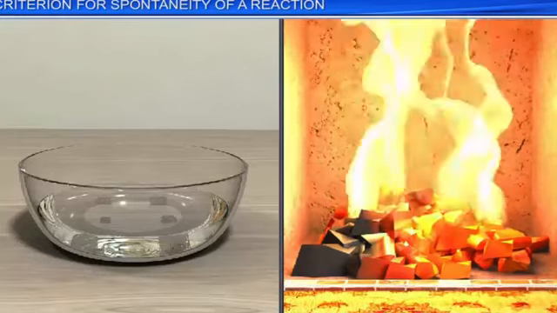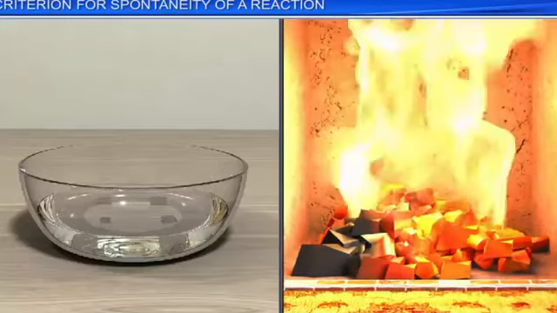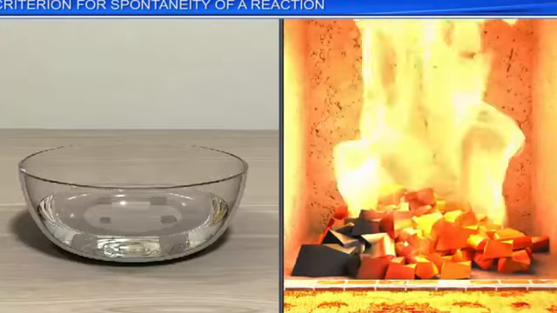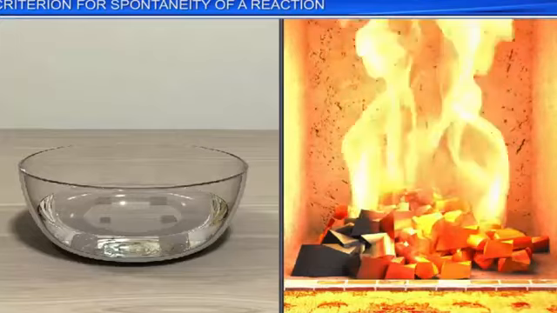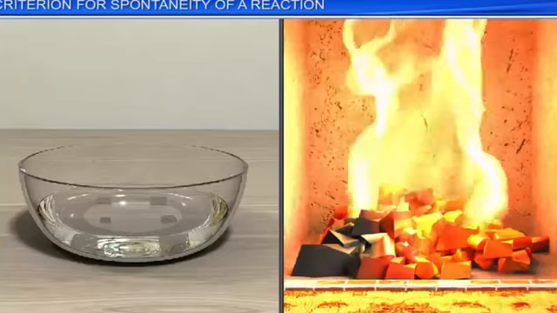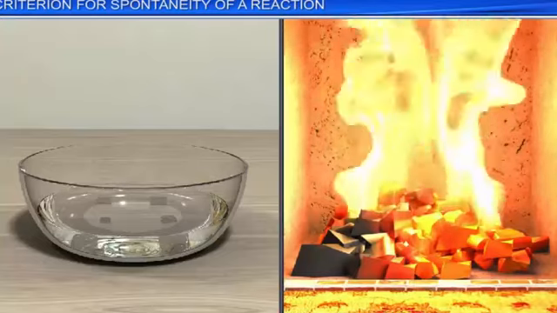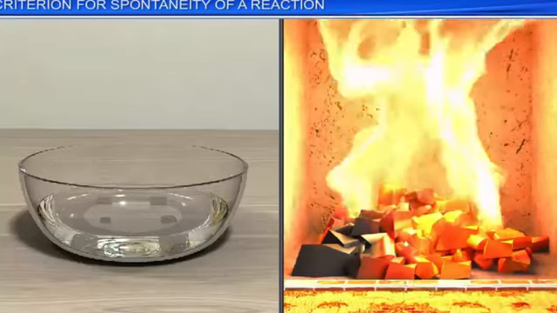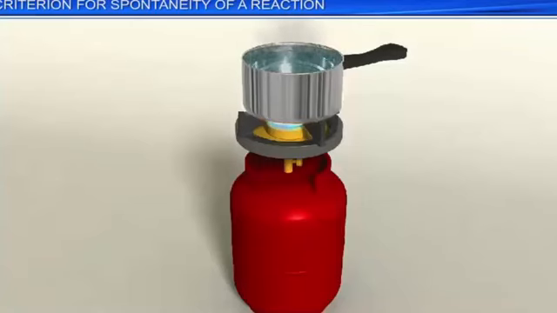Note, when we use the term spontaneity, it does not imply that the process occurs instantaneously or fast. It simply predicts whether the process has a natural potential to occur. Alternatively, if a process takes place only after energy is supplied to the system, then it is called a non-spontaneous process.